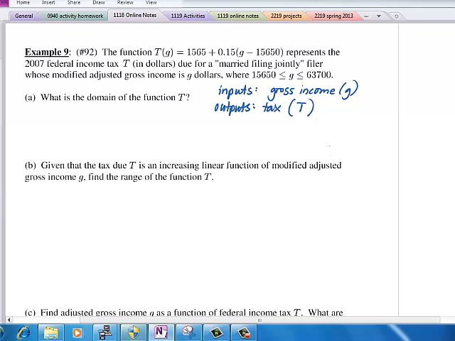So the domain of the function t is g between 15,650 and 63,700, or let's just write it as this interval.